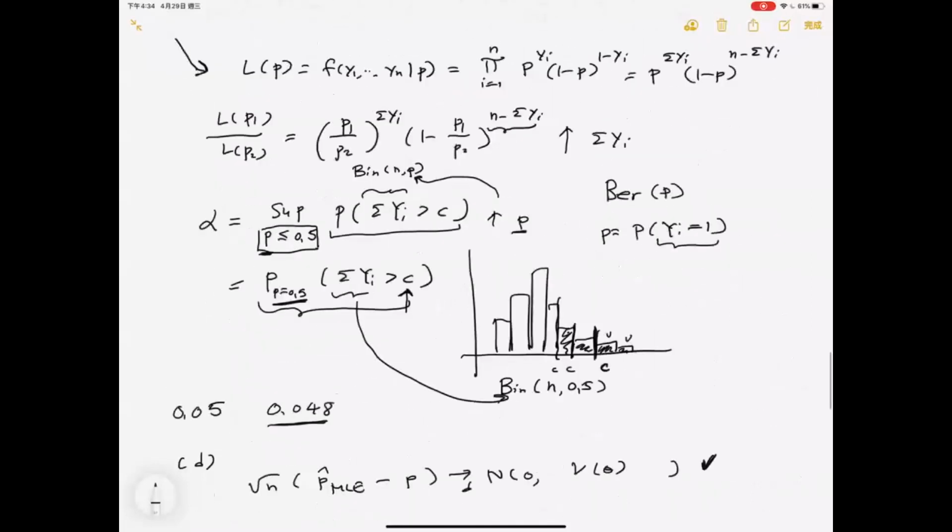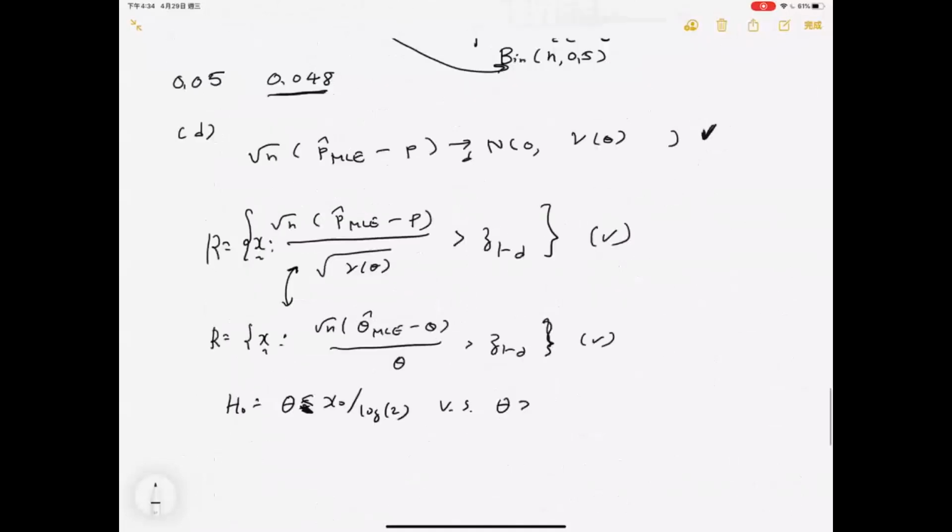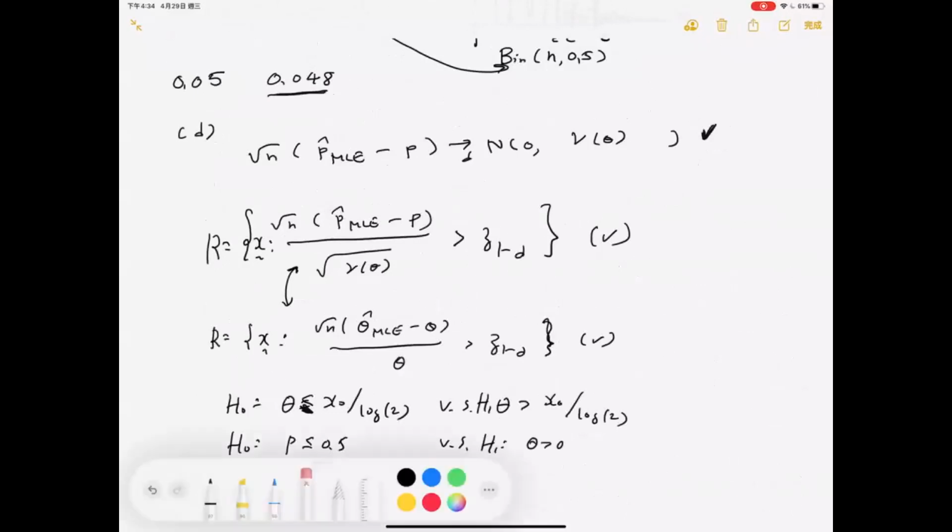They're equivalent: P smaller than 0.5 versus the alternative P bigger than 0.5. It's P, not theta.